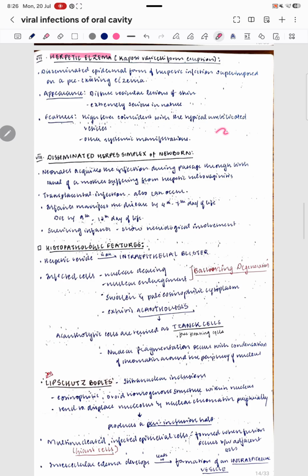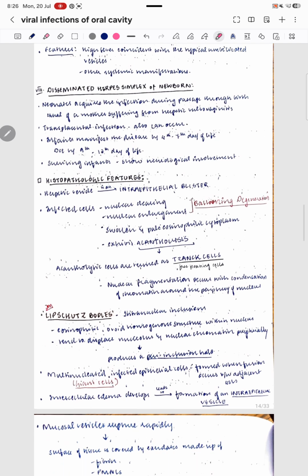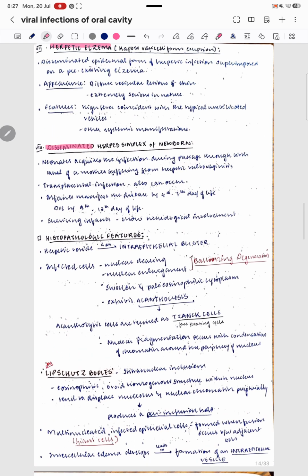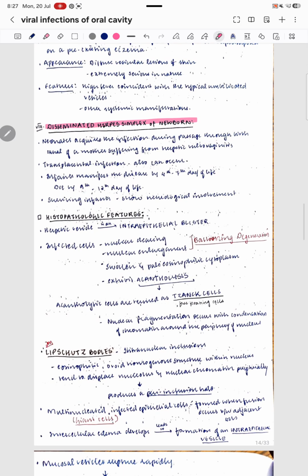Now coming to the disseminated type of herpes, which is of newborns. Okay, so this is our next type, disseminated herpes simplex of newborn. So neonates acquire the infection during the passage through the birth canal of a mother suffering from herpetic vulvovaginitis. So this is a congenital kind of herpes, that is, it is not an inherited problem, but it is transferred from the mother to the baby through the birth canal.